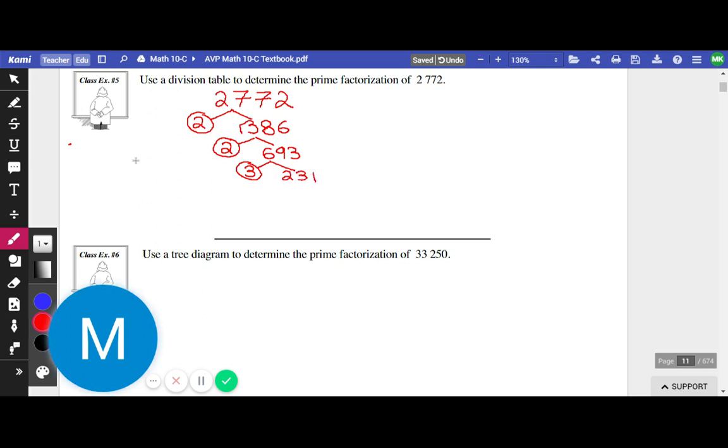Now, I don't know what 231 is divided by. I haven't known what any of these numbers are divided by. I've just been trying my calculator. I'm just guessing. So 231, I guess a prime number that could divide into it. I say divided by 3, and it worked. 3 and 77.